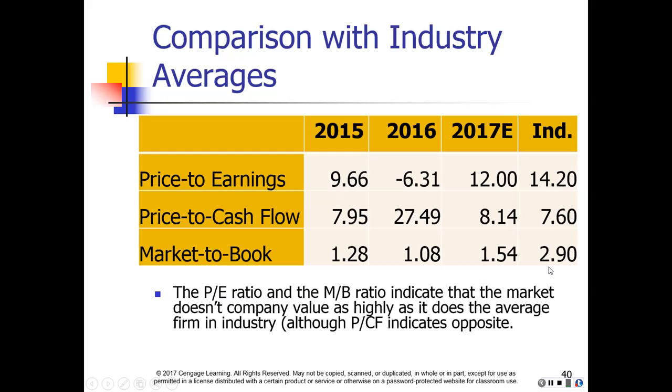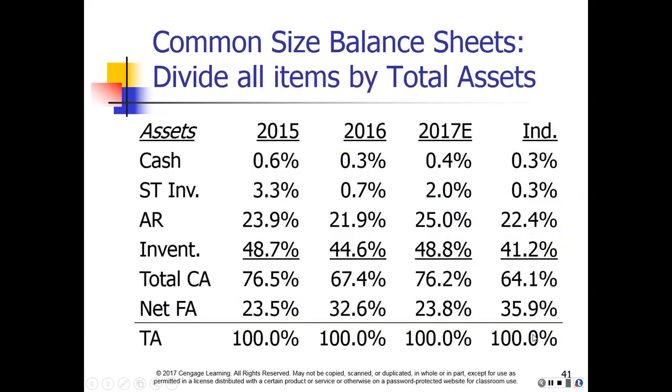Market to book value ratio remains below the industry average. But the price to cash flow ratio is better. So the PE ratio and market to book ratio indicate that the market doesn't value this company as highly as it does the average firm in the industry, although we get the opposite signal from the price to cash flow ratio. So sometimes you just go with the majority of the signals you're getting, right?